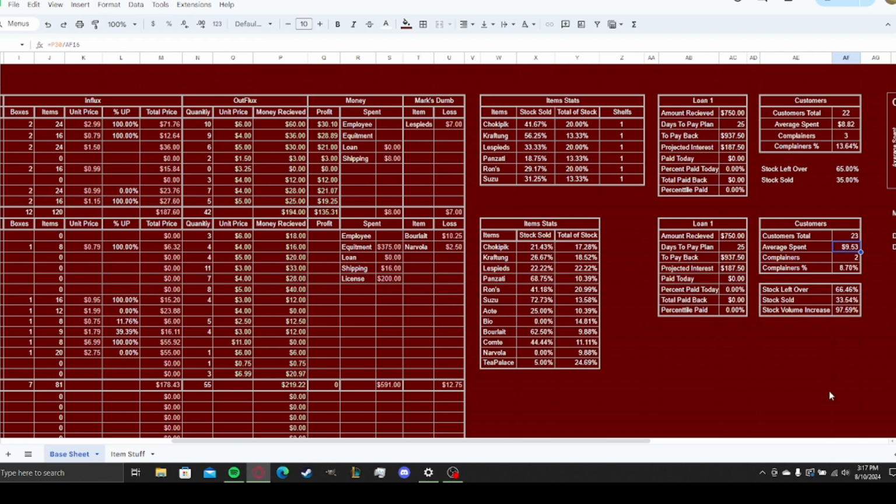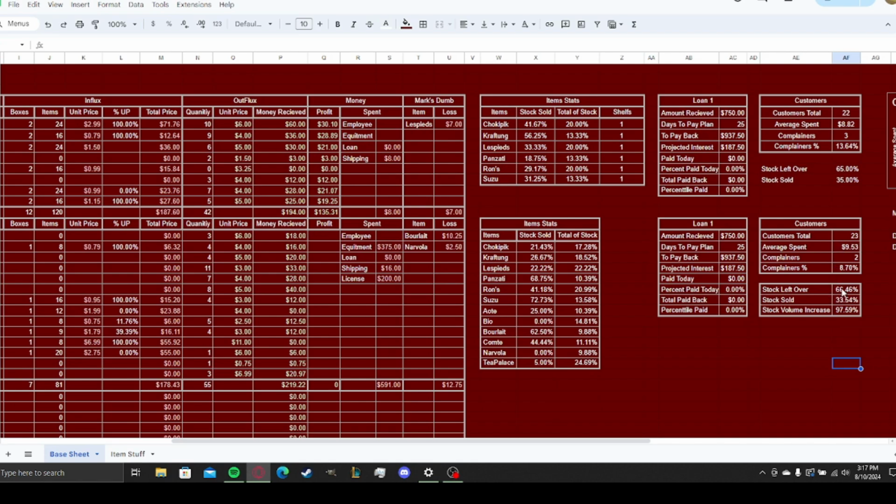But the average spent per customer also went up, which is really good because that just means in general more money was spent per person, if the average spent goes up and the total customers goes up. So the level of complainers went down a little bit.